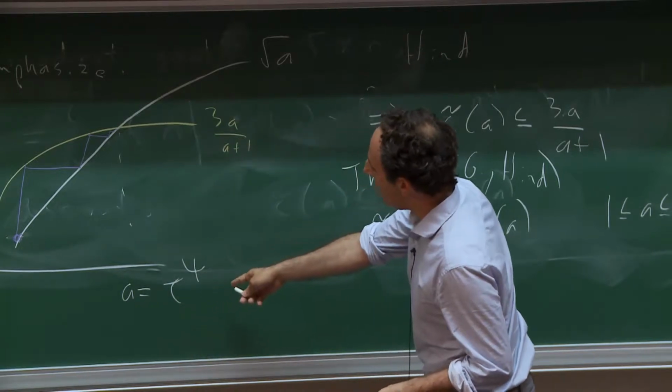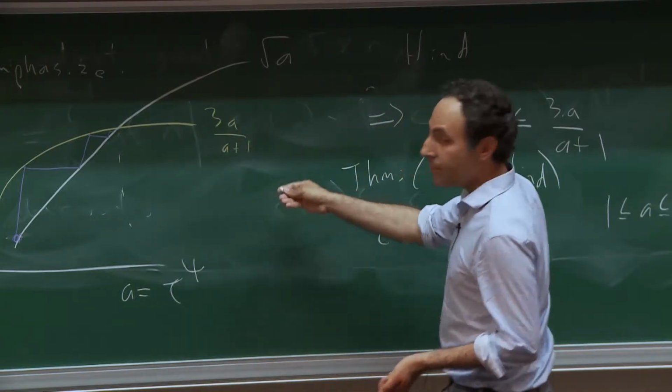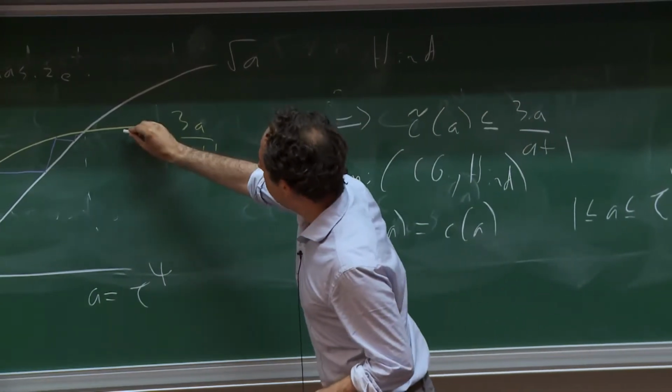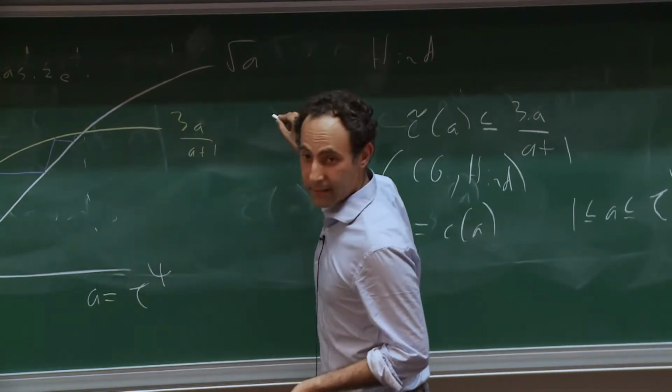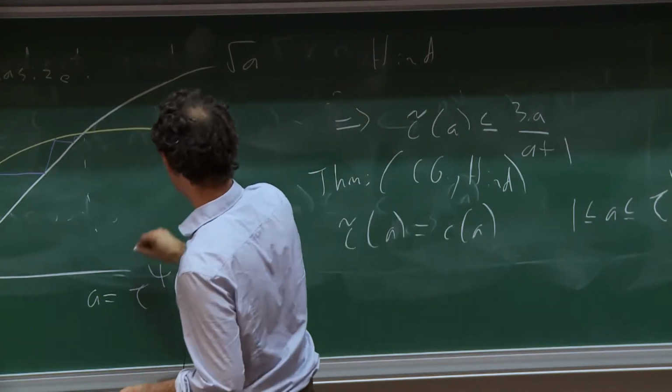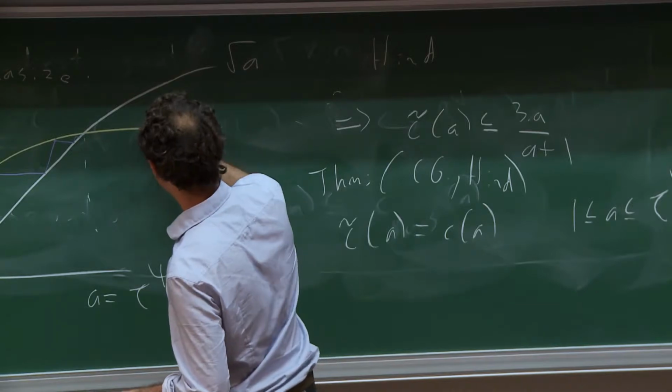So actually also if a is equal to 3d plus 1, where d is an integer, then the graph is also given by the yellow line. So there are a few more points on the yellow line. Which is the yellow line? The 3a over a plus 1 graph line.